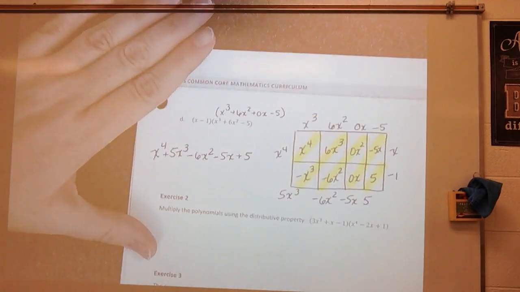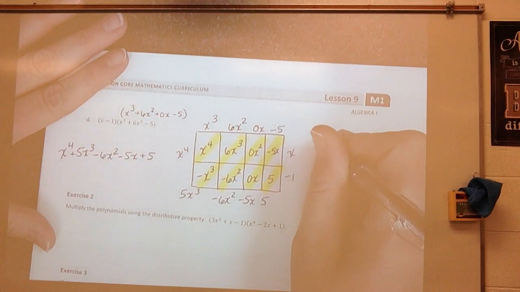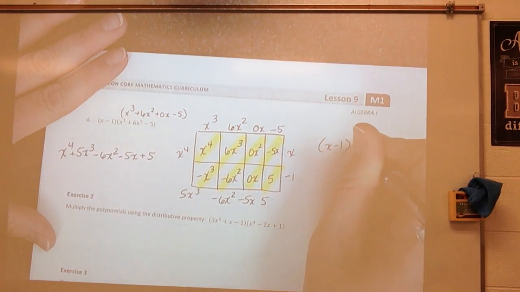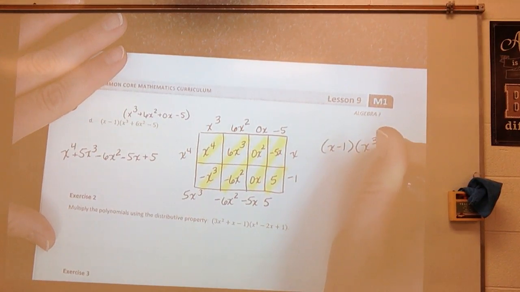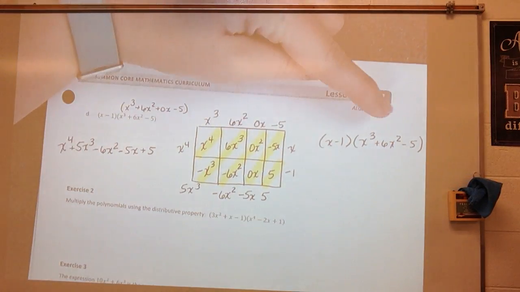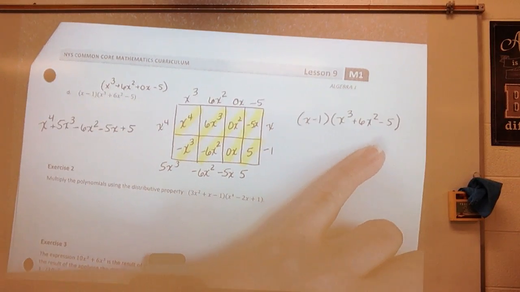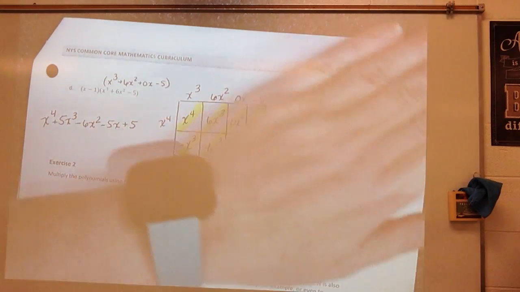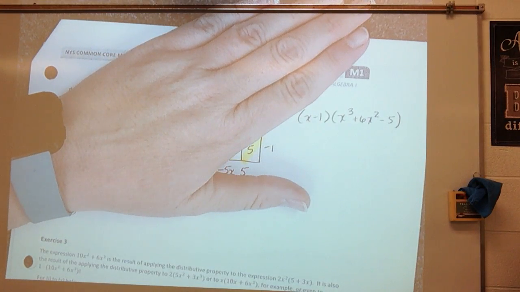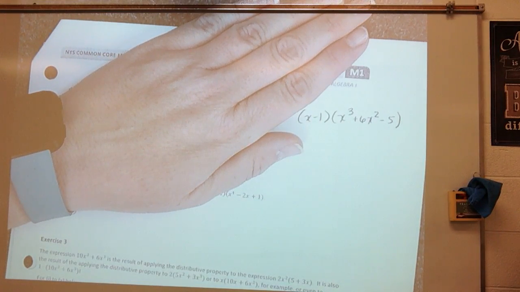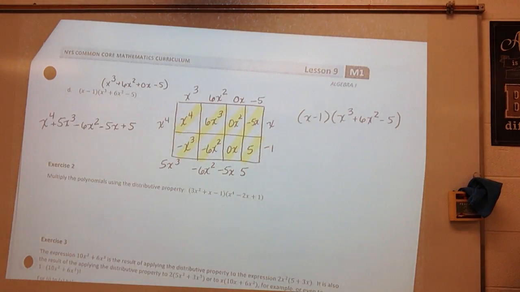Well, let's look at this. If I wanted to, and I'm just going to rewrite this problem here, and I'm going to go back to the original problem. If I wanted to multiply this without using my box, forget the box here. I want to multiply it. Guys, I would use what we call the distributive property. You guys should know what the distributive property is by now.